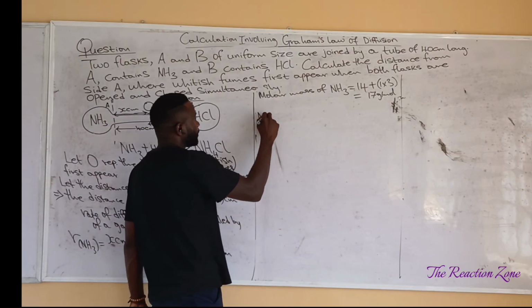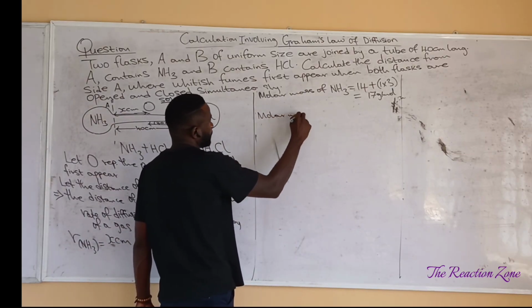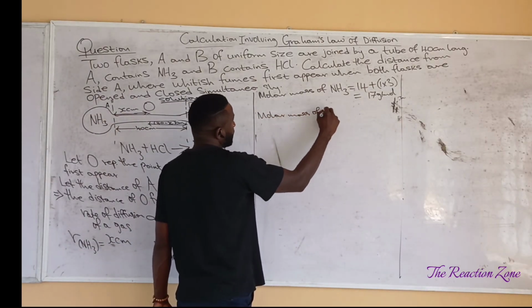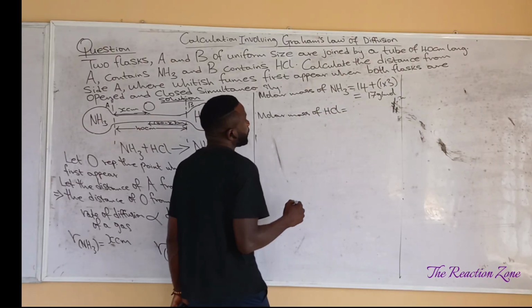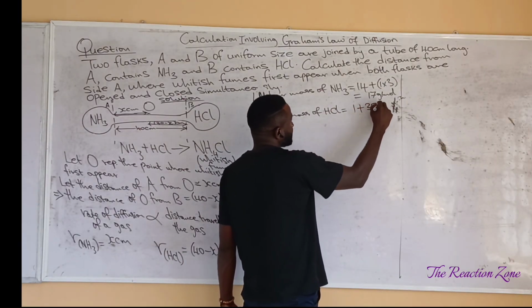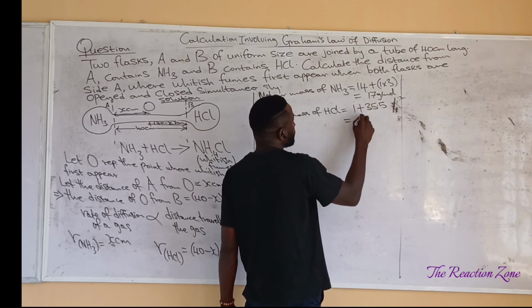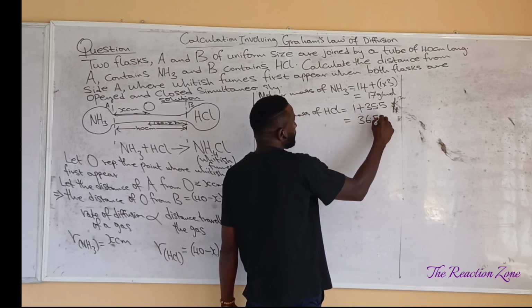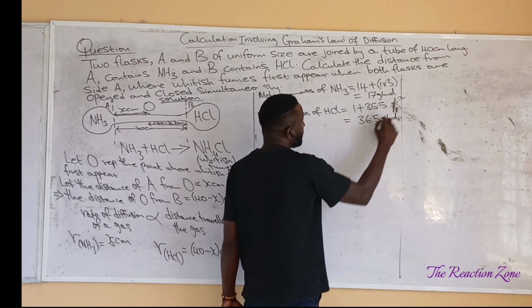The molar mass of HCl is going to be equal to 1 for hydrogen plus 35.5 for chlorine, giving us a total of 36.5 grams per mole.